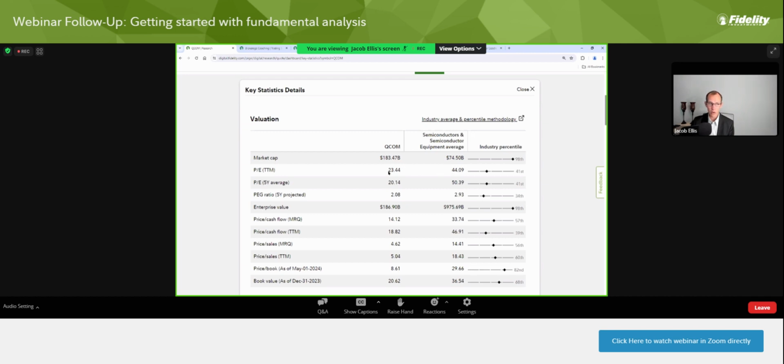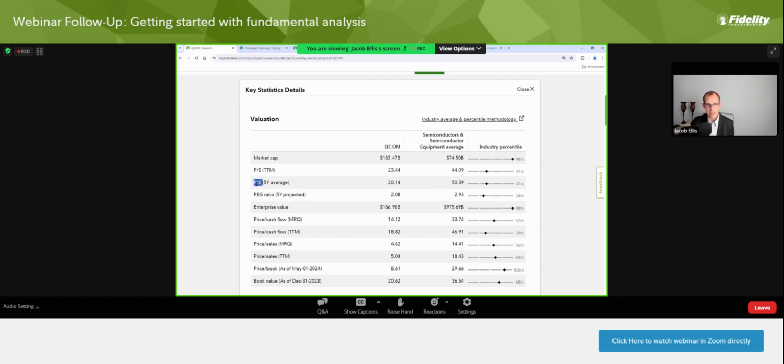In this case, Qualcomm is trading at half of the industry average for semiconductor earnings. In other words, it's trading at a relative discount. It's on sale compared to others in that area. Not the lowest, but 41st if we lined them up from lowest to highest and ranked them 1 through 100.